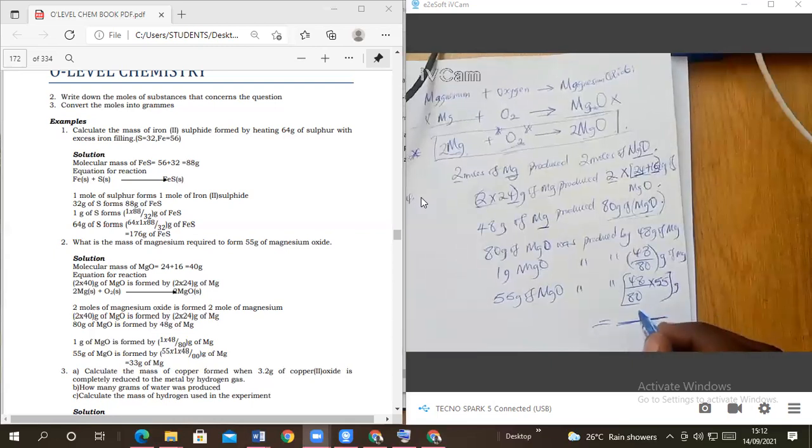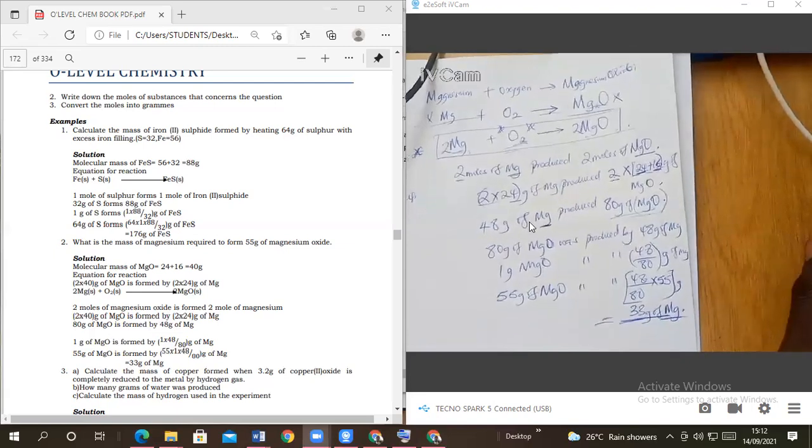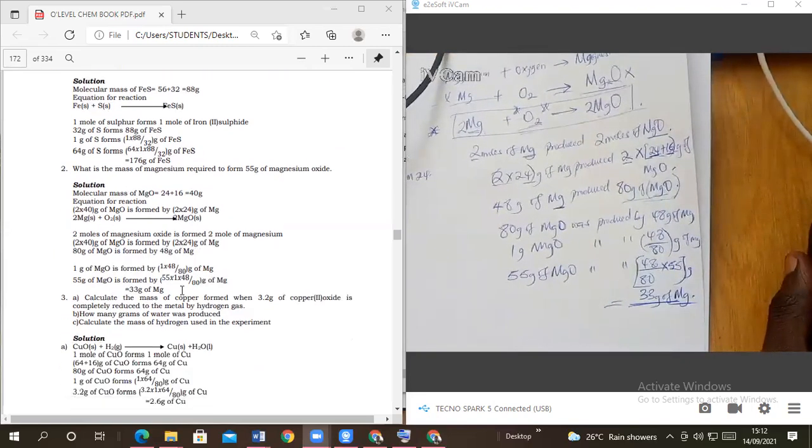It is 33. 33 grams of what? Magnesium. Okay. So that is how you come up with this.